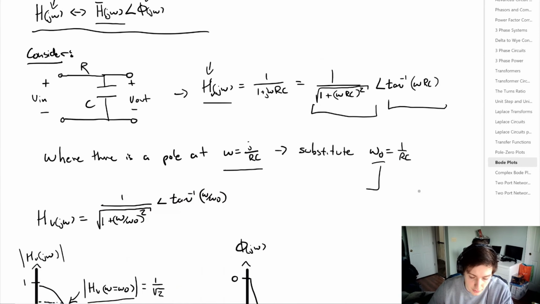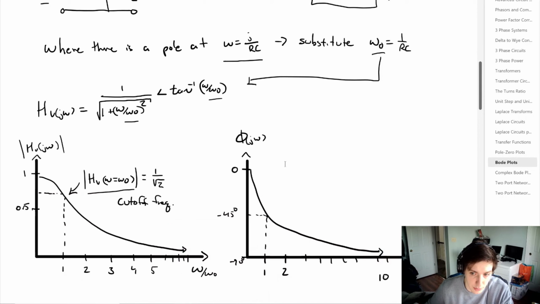Now we can plug this omega naught into what we got for H_V, and what we can do is plot the amplitude, or magnitude in this case, and then the phase independently of each other, but with respect to omega. We can see in both cases for the magnitude and the phase term, we get this decaying nature that occurs as omega divided by omega naught increases.